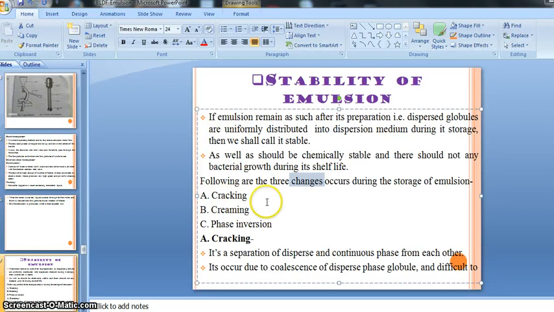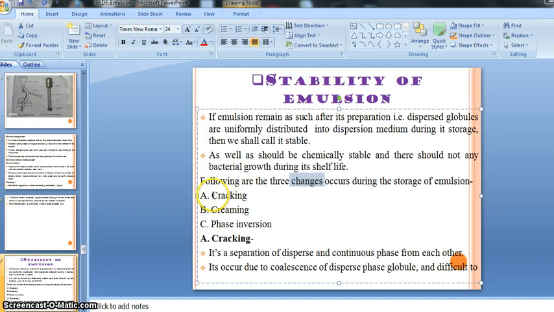So here we will see some problems or changes of emulsion that have chances of happening during the storage of emulsion, okay. Due to, we know, during the storage up to its expiry date, it passes through various environmental factors, that is humidity and also temperature, right. So due to this, there is a chance of many changes occurring in the emulsion, right. If our emulsion shows this kind of changes, that time we will call our preparation unstable, right.